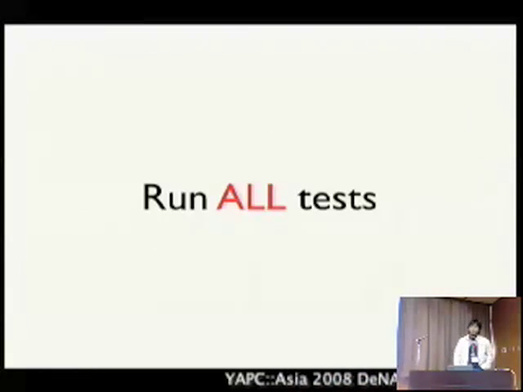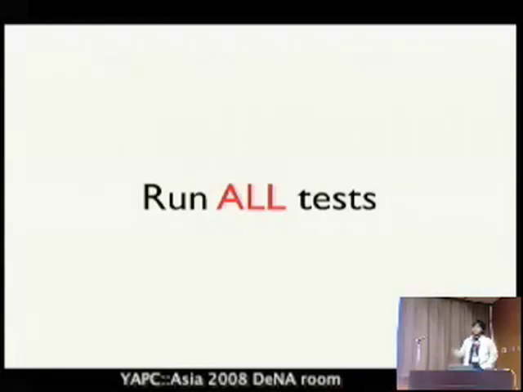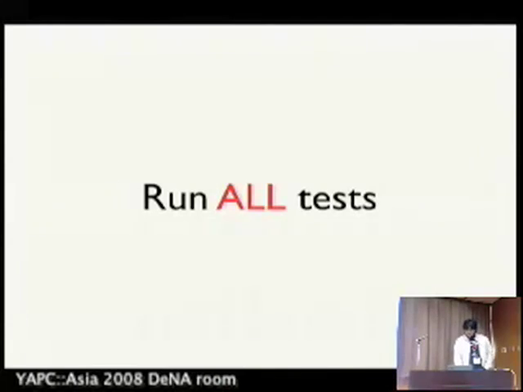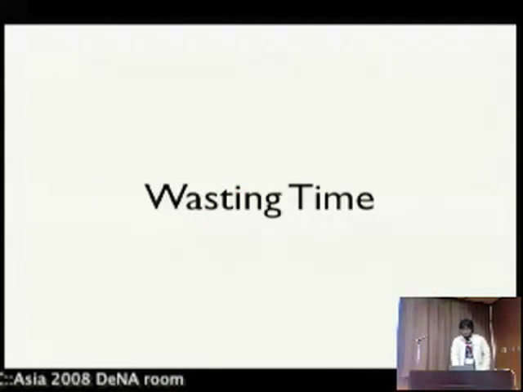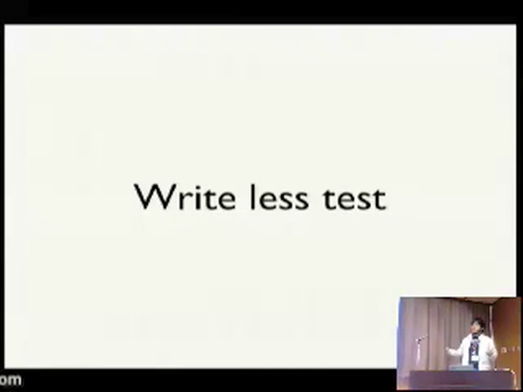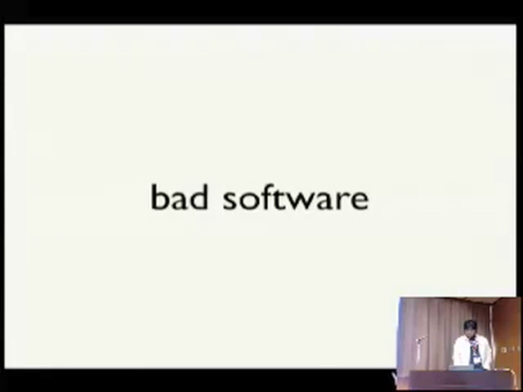But running all the tests takes a lot of time, especially when you have a very large test suite, and wasting time is not good, because wasting time kind of encourages you to write fewer tests, since you're going to waste a lot of time running them. And writing fewer tests potentially leads to writing bad software and makes people hate software.